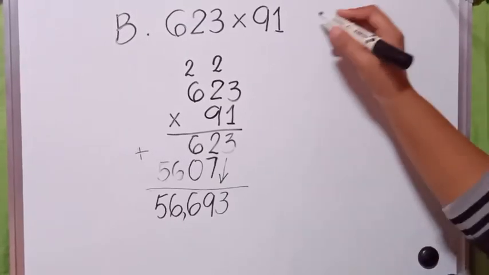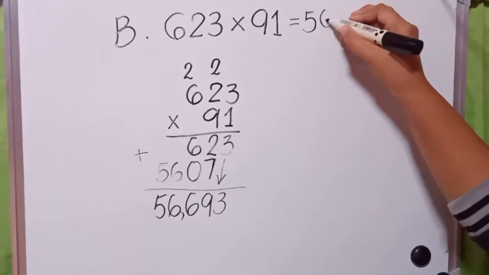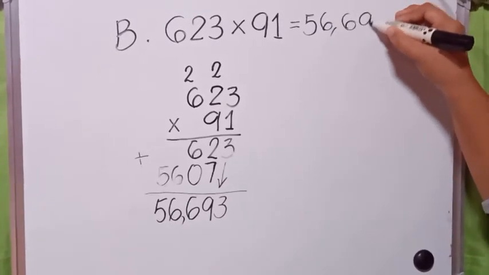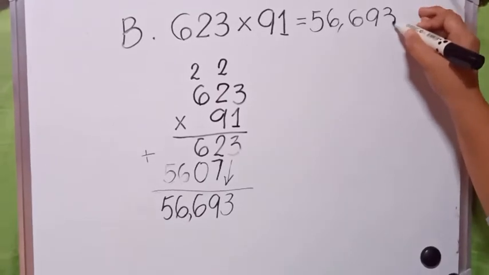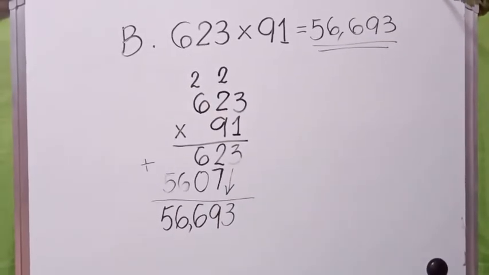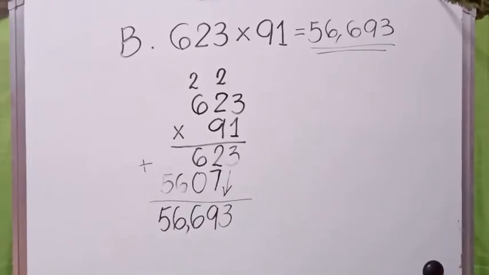So the answer for letter B would be 56,693. So this would be our answer. Did you get the correct answer? Very good.